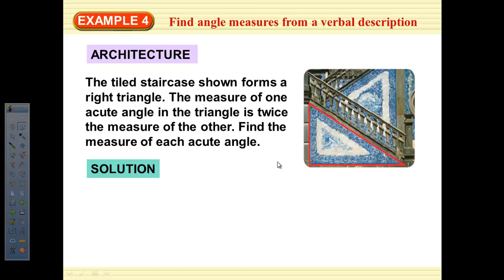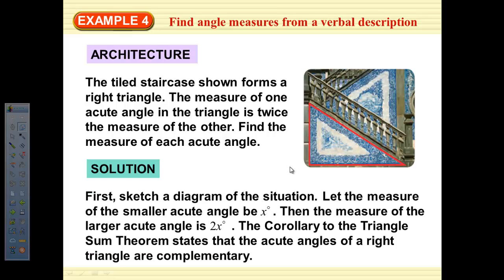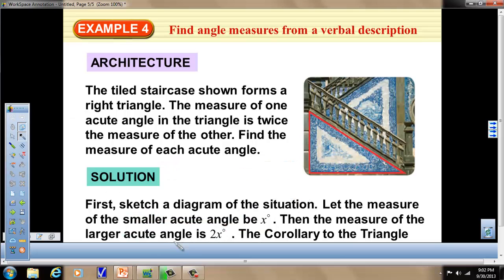So if we look, and I'm not going to write this one out, but if one of the angles is twice the other one, then if one is x, the other one has to be 2x. So what we do is we draw a sketch of the situation, and we can say that this is x down here and this is 2x up here.